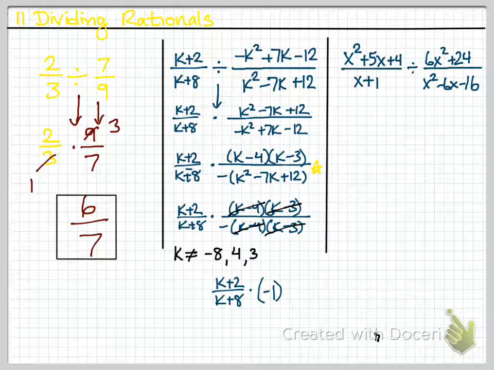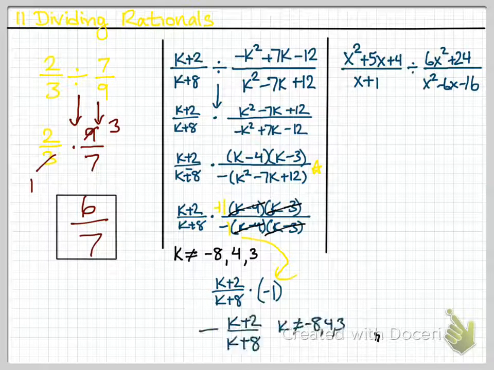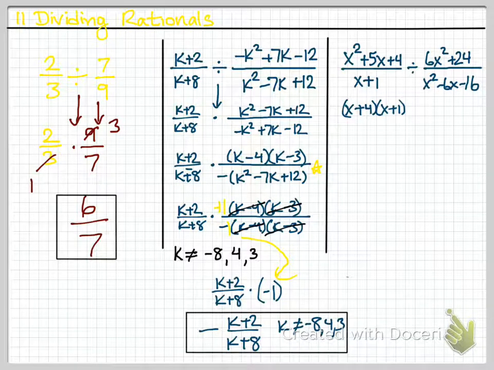The numerator is positive, the denominator is negative, so this is like positive 1 up here, and negative 1 down here. Combine them to get one sign. Positive 1 divided by negative 1, bam, negative 1. Negative 1 times all of that gives you negative k plus 2 over k plus 8 with those excluded values. Bam, so there's your final answer there.